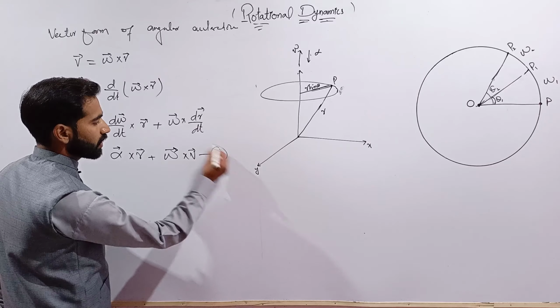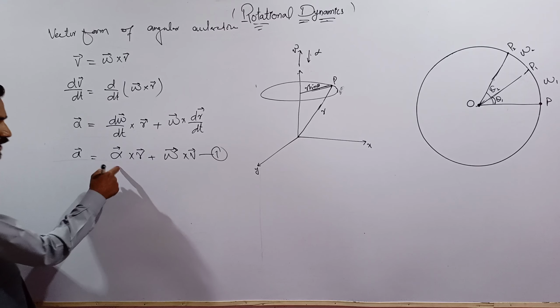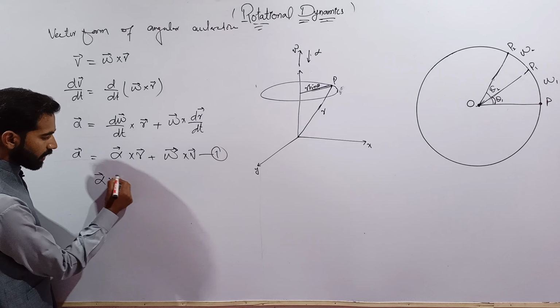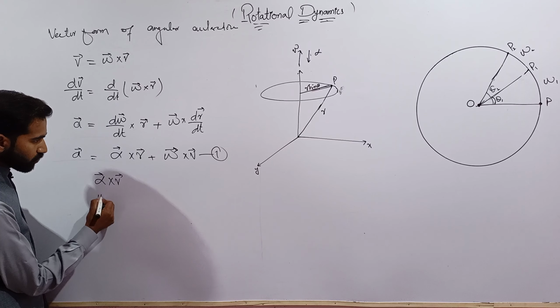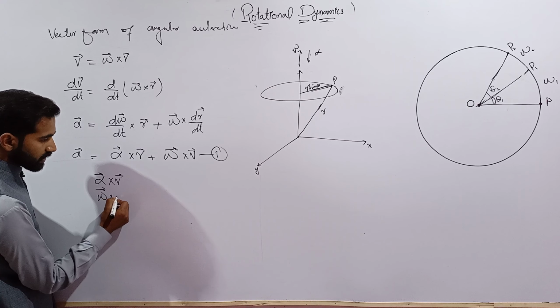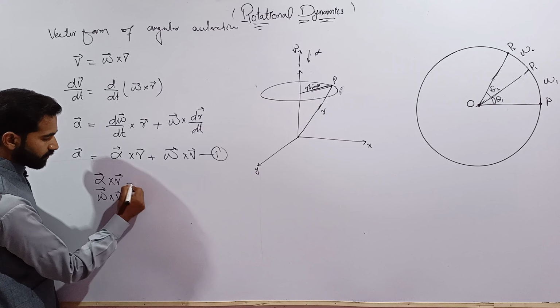Calling this equation 1, in equation 1 we have alpha cross r and omega cross v.